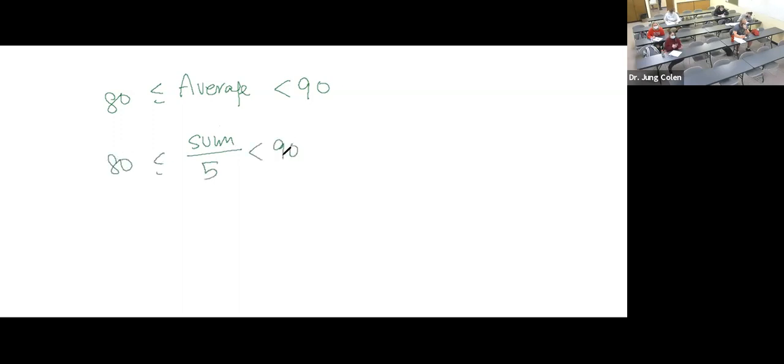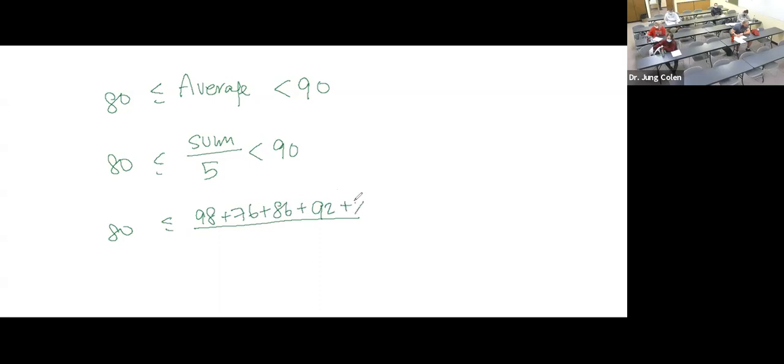Are we good? Okay, then we are done actually because we know how to find the sum. How do we find the sum of 5 exams? The first one is 98. Second one is 76. Third one 86. Fourth one 92. And the fifth one, we don't know.